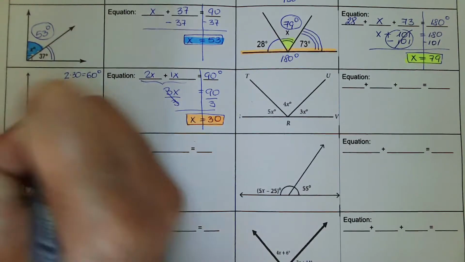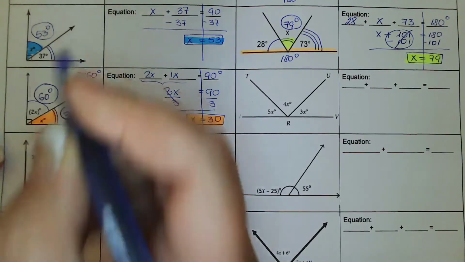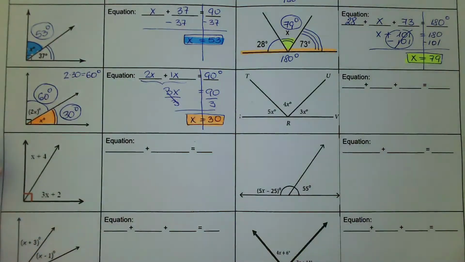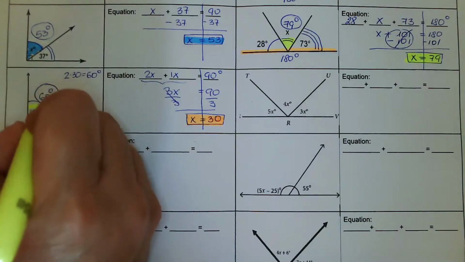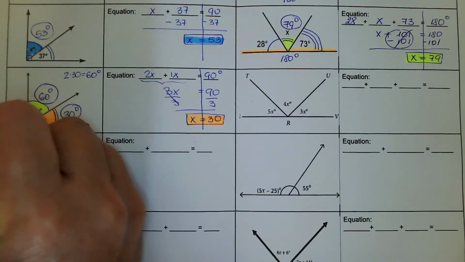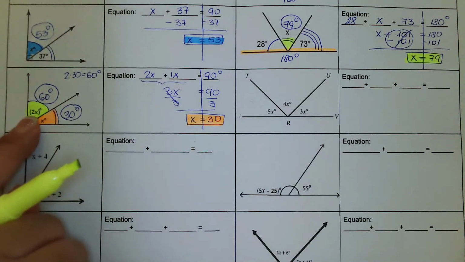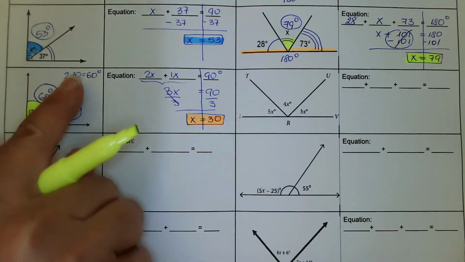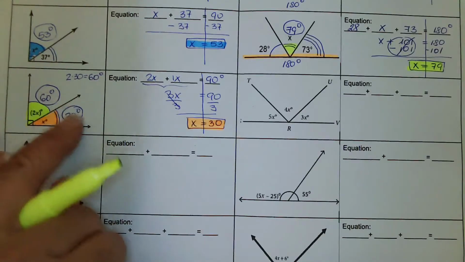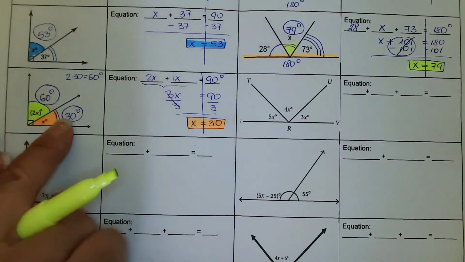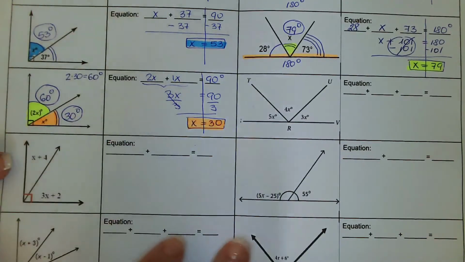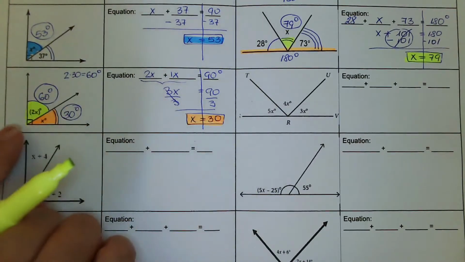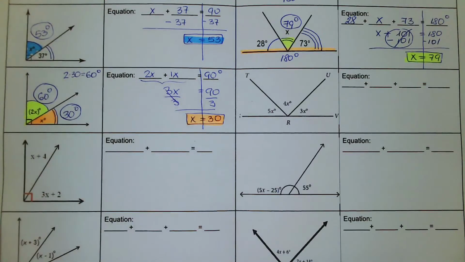So this angle has to be 60 degrees, because the expression was 2x, 2 times the x value 30. Now the angles that we have are 60 and 30, and 60 plus 30 is 90, so the two angles that we found add up to 90 degrees.